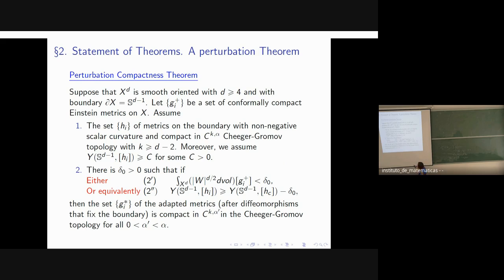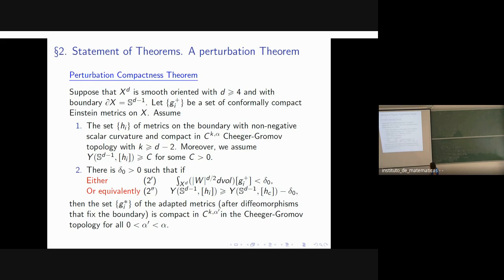I have left it ambiguous what the adapted metric is, because there is a family of them. Which one do you choose? I will be more specific later, and I will remark on that choice.